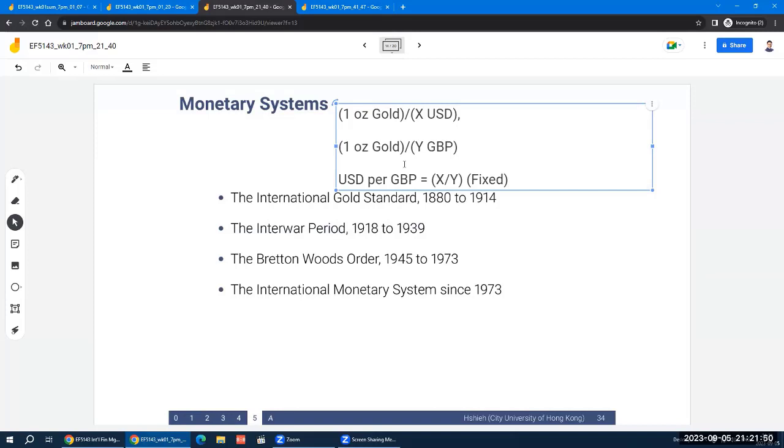So fixed conversion rate, gold standard means fixed conversion rate between local currencies with gold. If every country does this, then the conversion rate between every pair of currency must also be fixed. So in other words, gold standard gives you price stability. Yeah? No uncertainty.